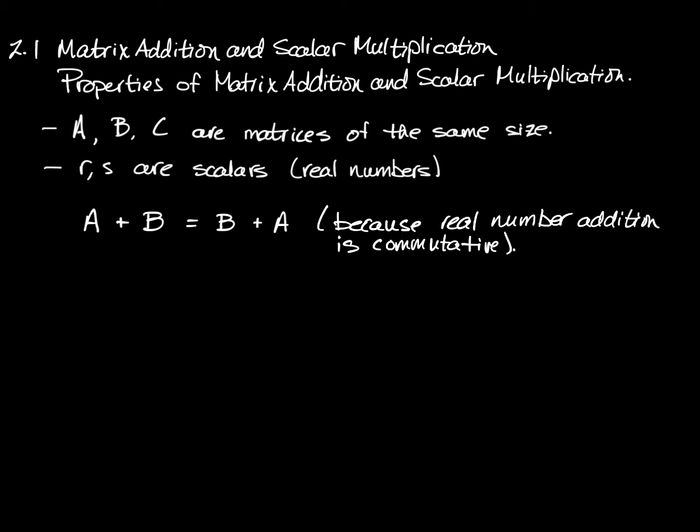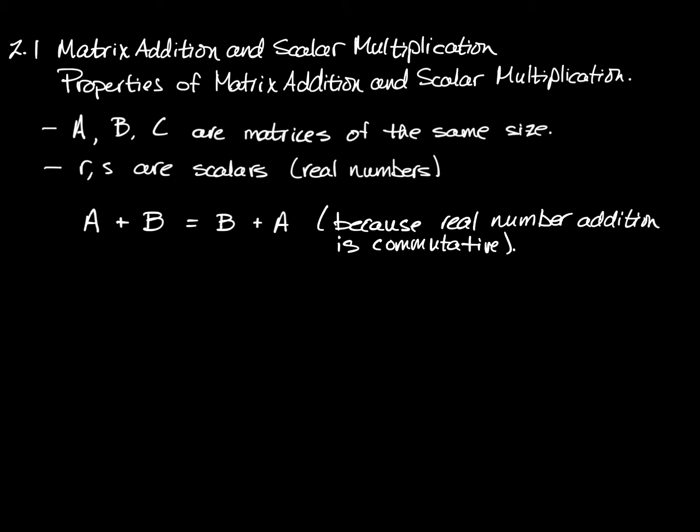And that's akin to what we were saying before. We said the number A and the number B, when added together, doesn't matter which order you add them in, you will get the same result. And the same is true for matrices. Okay, so that's one property.